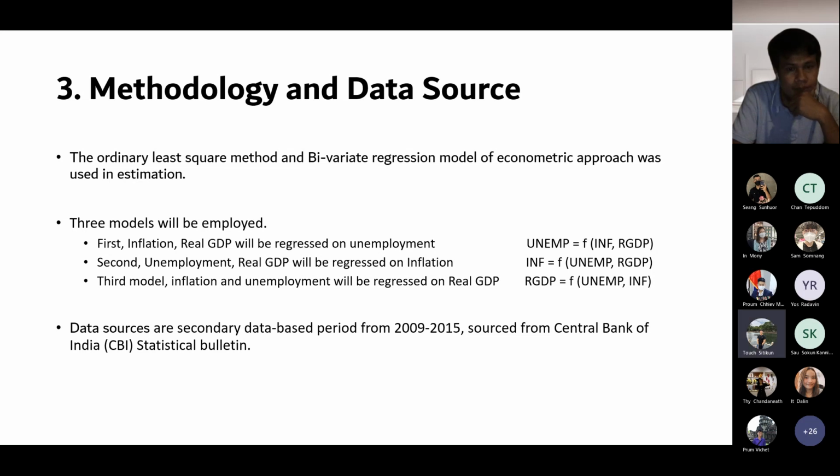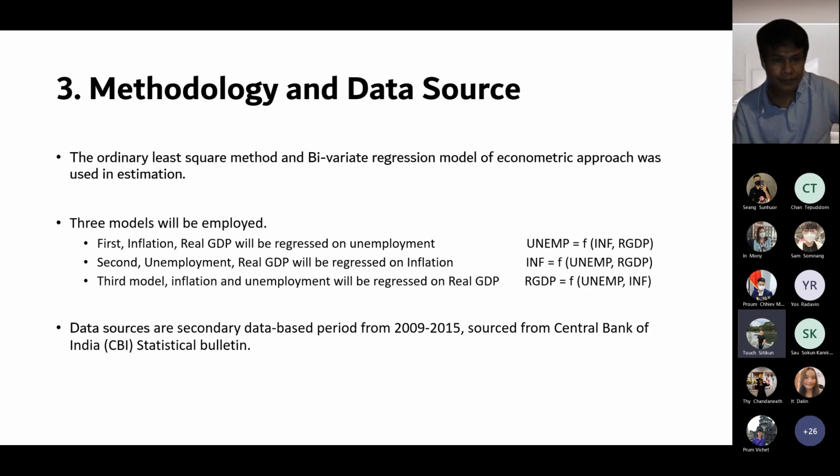So, moving on to the third part, we're talking about the methodologies and data source. In this research paper, the ordinary least squares method and the bivariate regression model of the econometric approach were used in the estimations.